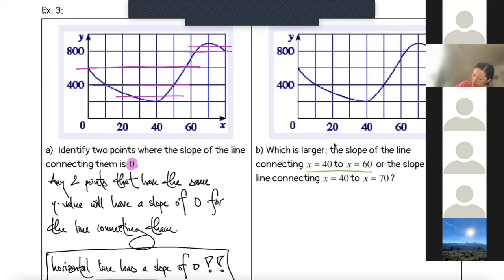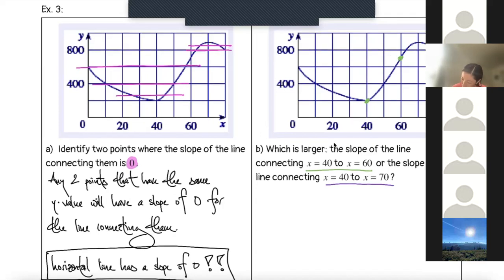I'm going to do this one in the green. Do this one in a different color. 40 to 60, right? Let's see. The first line should be from here to here, right? Whereas the second line is going to go from here to x equals 70.